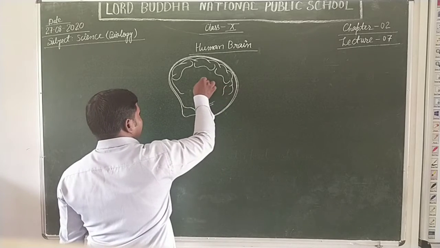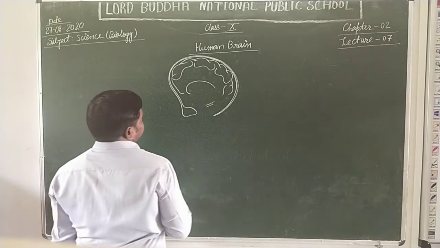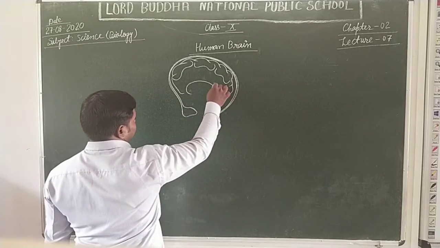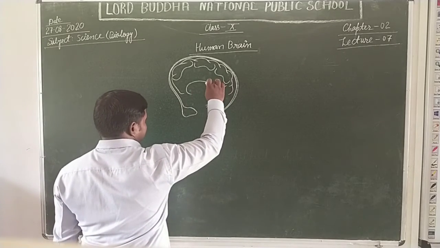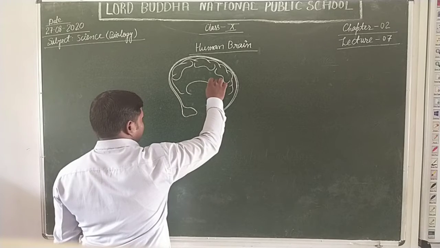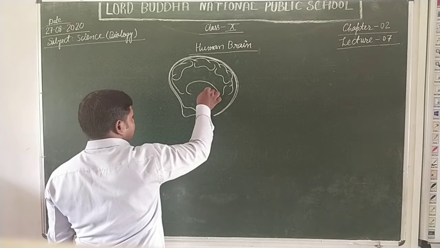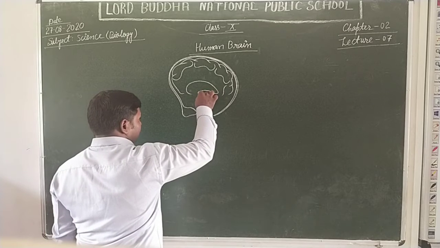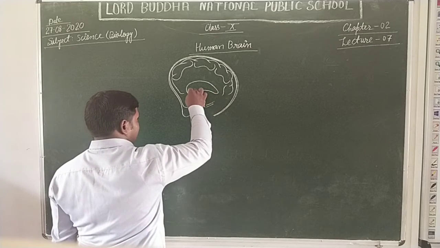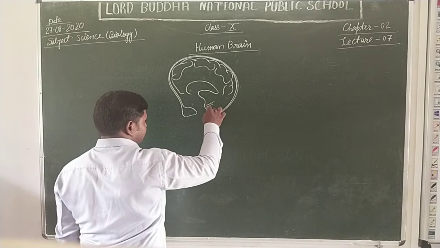This is part of the longitudinal fissure that separates our midbrain and the forebrain.